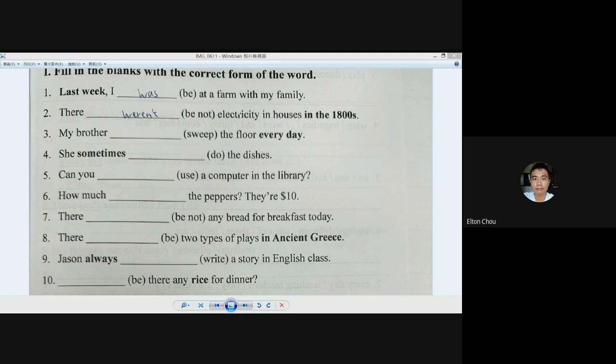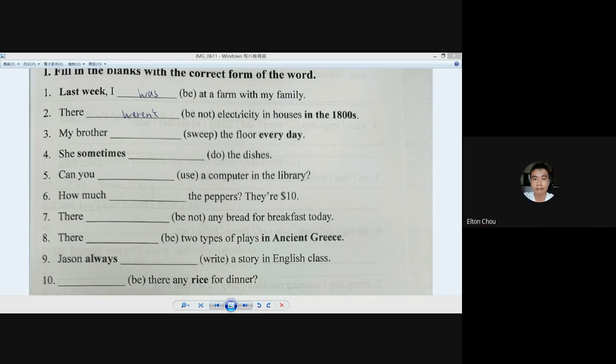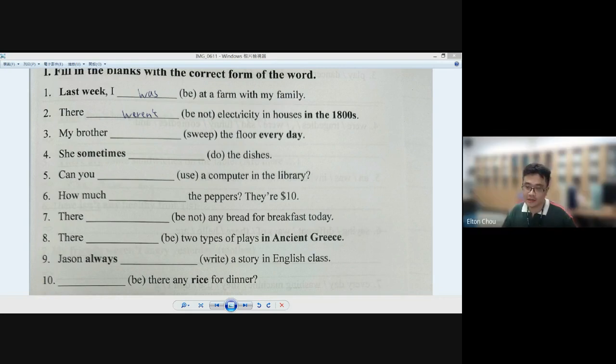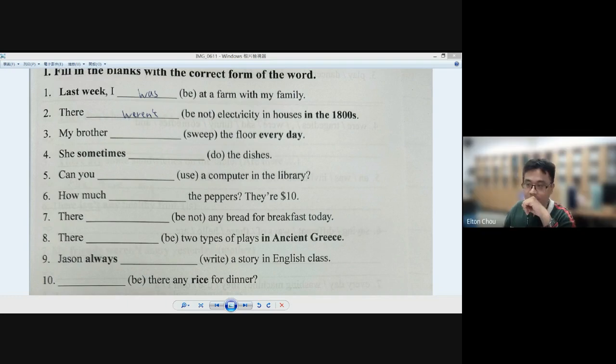When you see yesterday, ago, last, past, we use verb ed or verb past. But for the be verb, we use was and were, right? So we have learned three tenses.